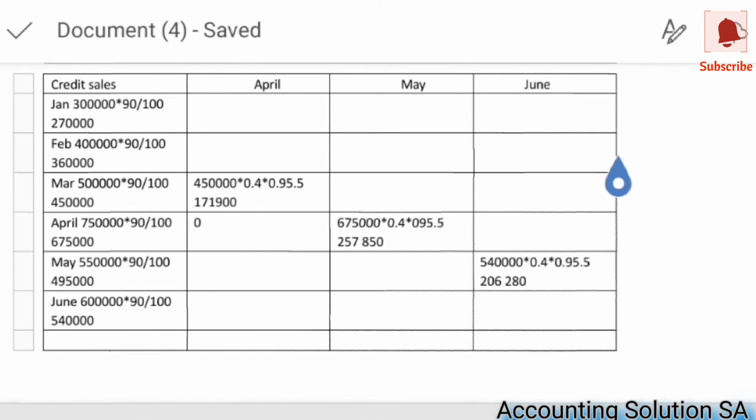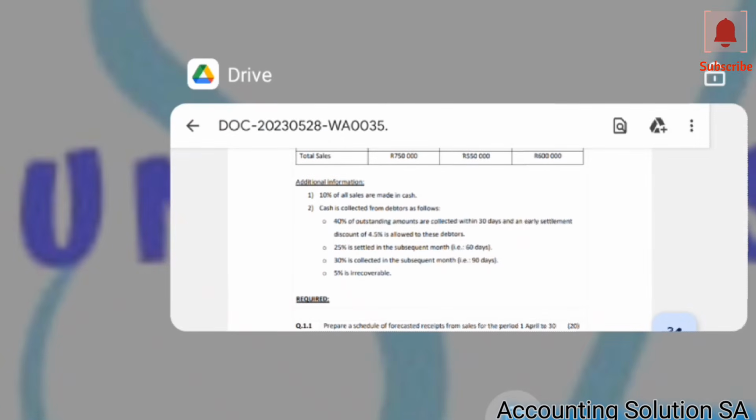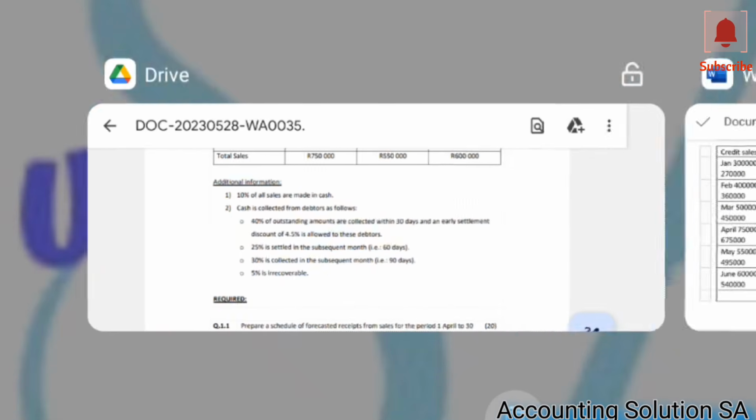All right, once you get a 40%, guys, everything now is going to be easy. The following percent is the following column for each. For example, the following percent is 25 and the other one is 30, and the other one we are not going to do, is irrecoverable. Very simple, guys.